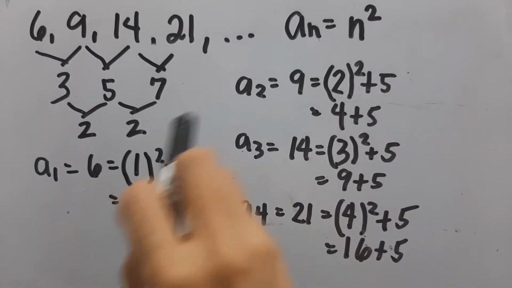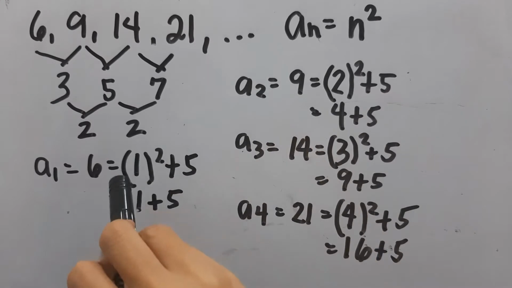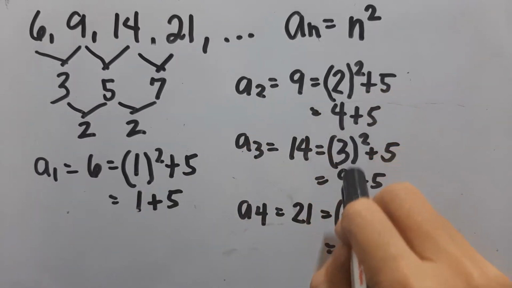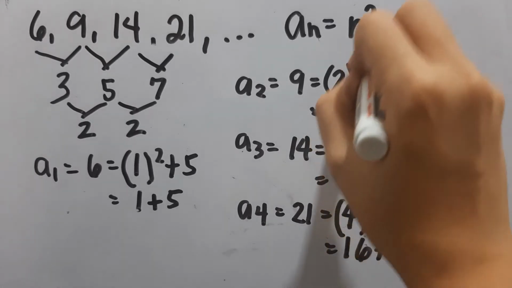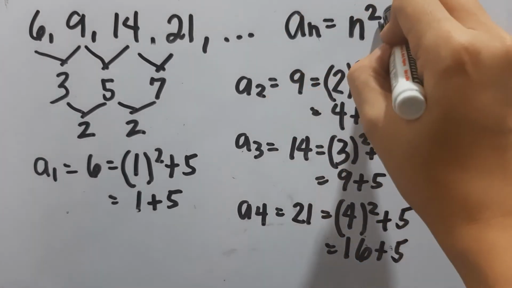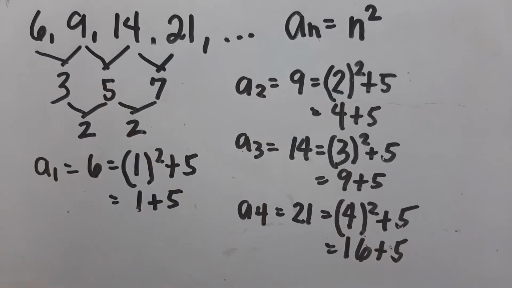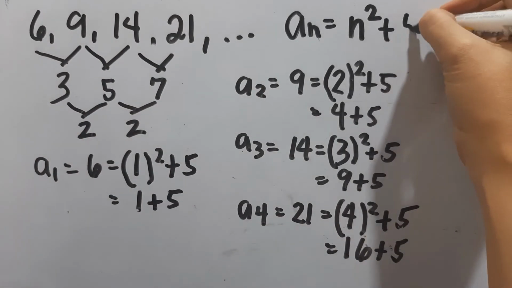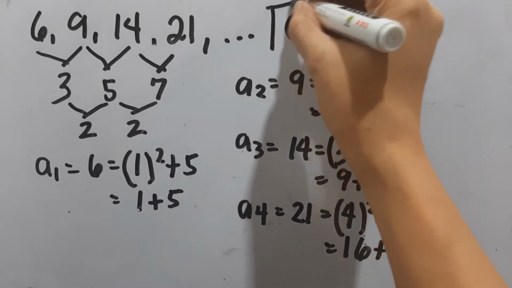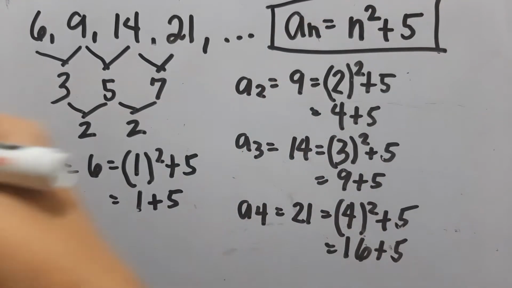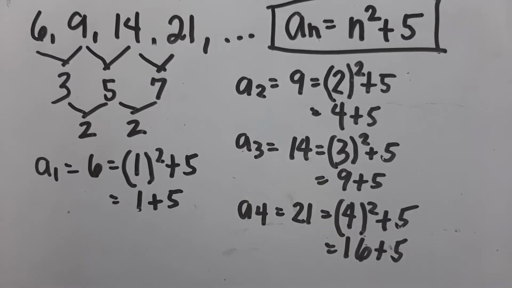Kagaya ng mga maliliit na number dito, yung subscript niya, lahat sila naka-squared. So, yung n dito, squared din siya. And then, lahat sila dinadagdagan ng 5. So, ang ating formula for this sequence is a sub n equals n squared plus 5.